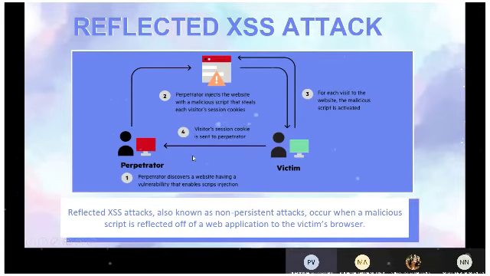Fourth, the visitor's session cookie is sent to the perpetrator. Reflected XSS attacks, also known as non-persistent attacks, occur when a malicious script is reflected off a web application to the victim's browser.